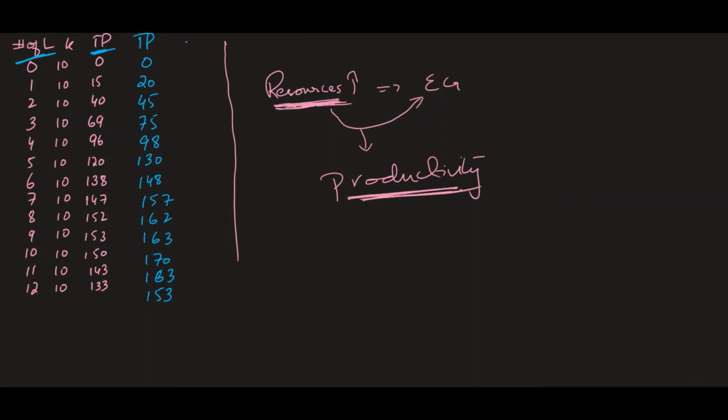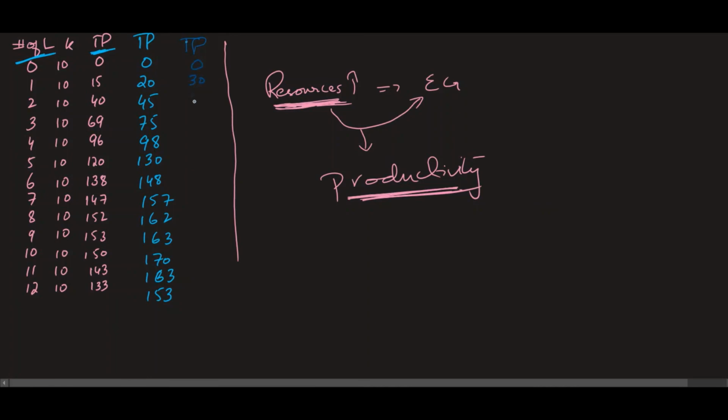And if the productivity of labor is increasing again, then this might be another case in which first this is zero production, then 30, then 55, then you can say 65, then 108, and then 140, 158, 167, 172, 173, 180, 183 or 173, and 163.